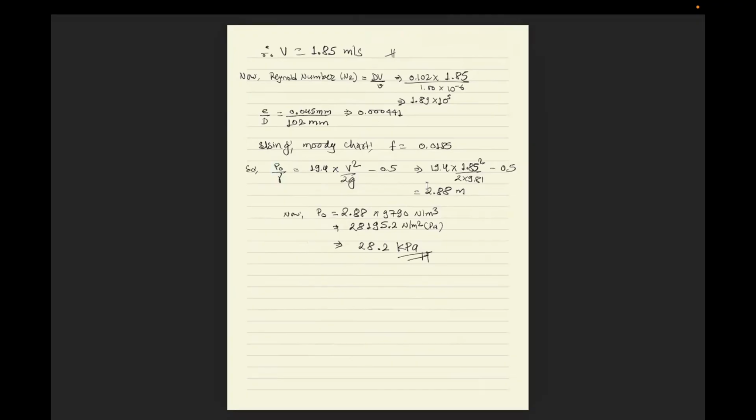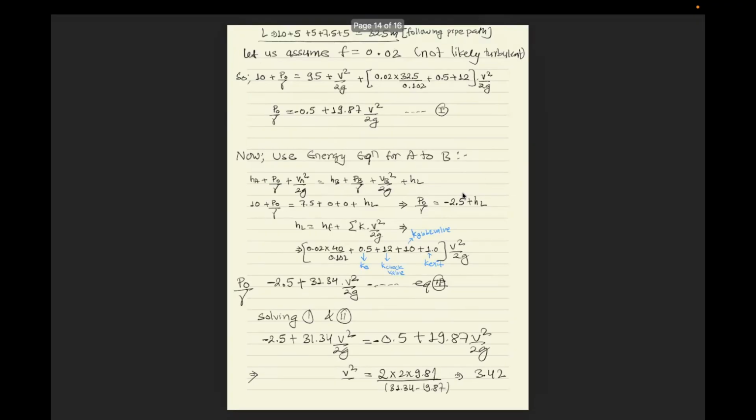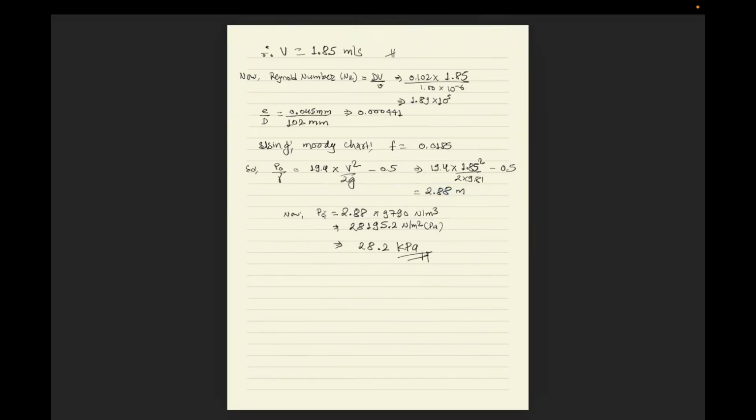That gives us 2.88 meter, but we just need to find pressure. So that gives us 2.88 times 9790, this is the specific weight, and that gives us a pressure of 28.2 kilopascal.